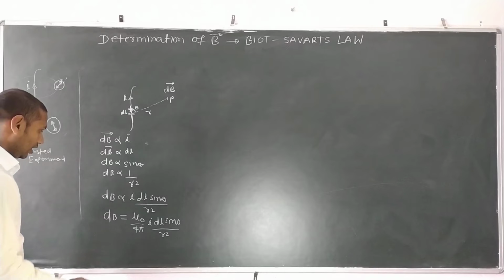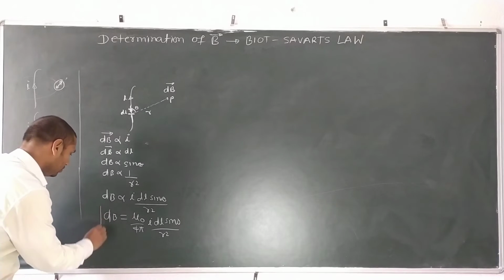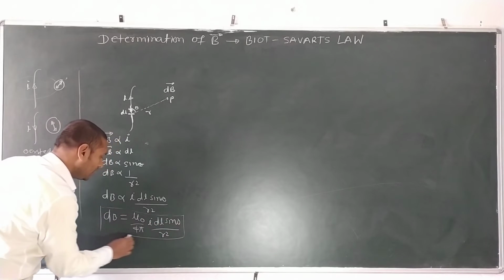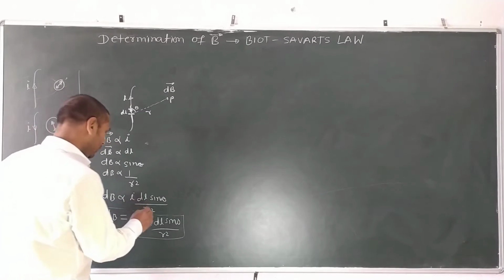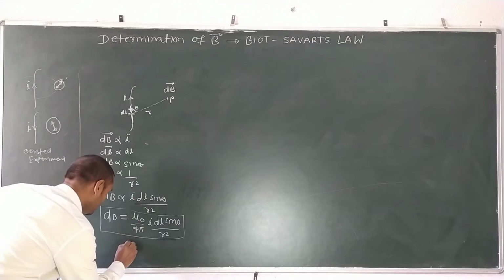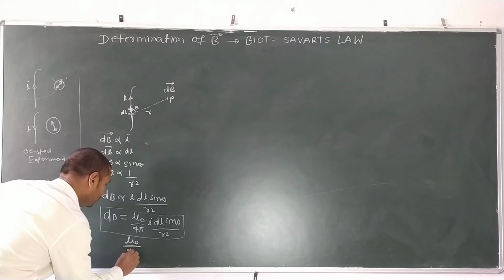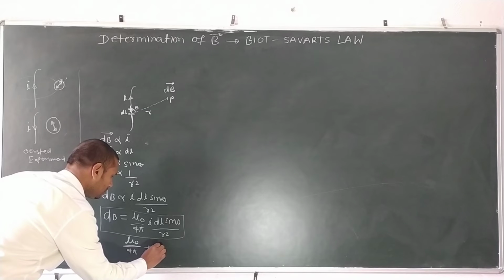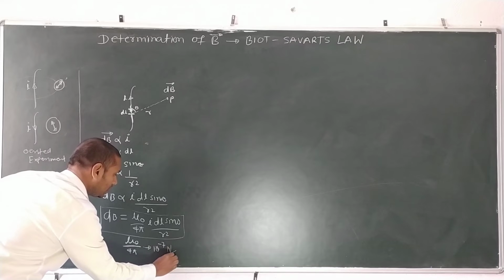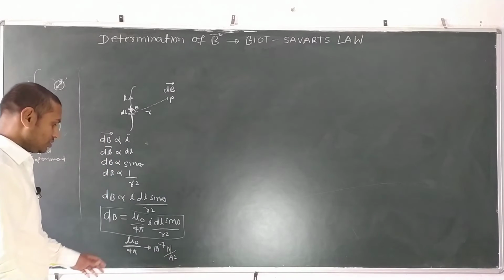We get the magnitude of the magnetic field around the current carrying wire. This mu naught upon 4 pi is a constant, that is 10 to the power minus 7 Newton per ampere square.